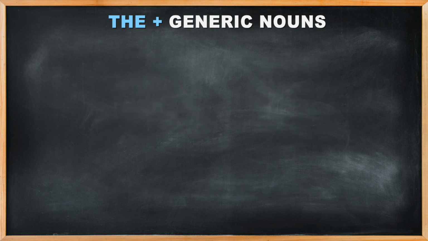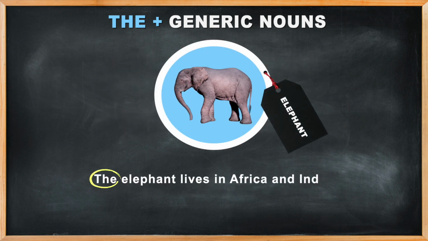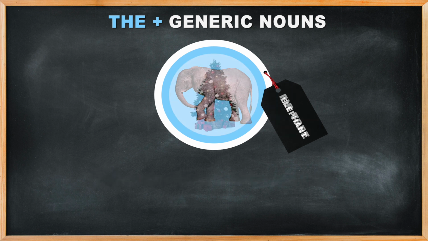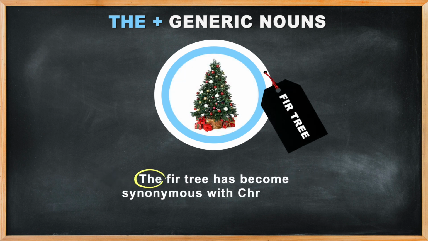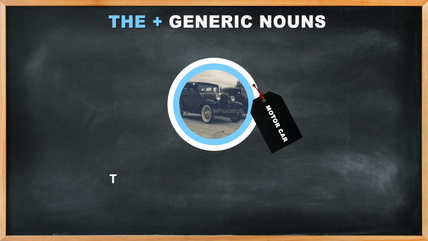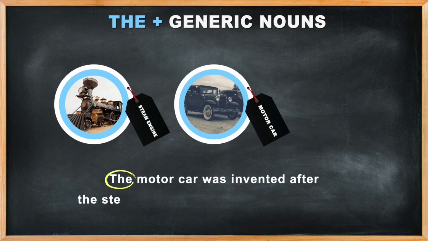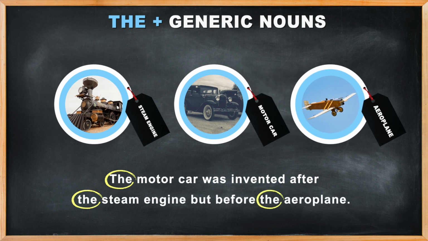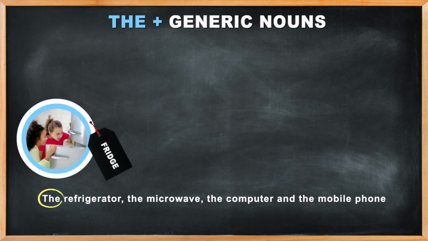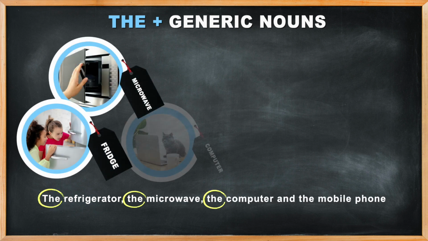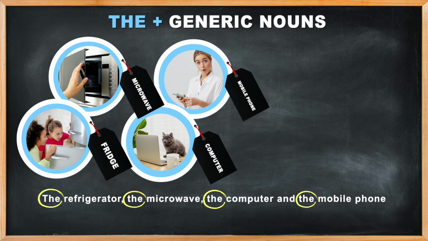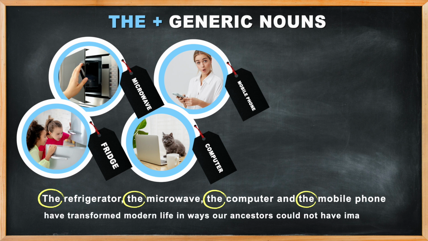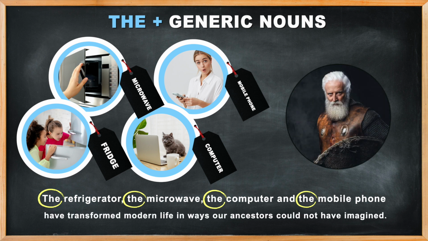So we could say, "The elephant lives in Africa and India." "The fir tree has become synonymous with Christmas." "The motorcar was invented after the steam engine, but before the aeroplane." "The refrigerator, the microwave, the computer and the mobile phone have transformed modern life in ways our ancestors could not have imagined."